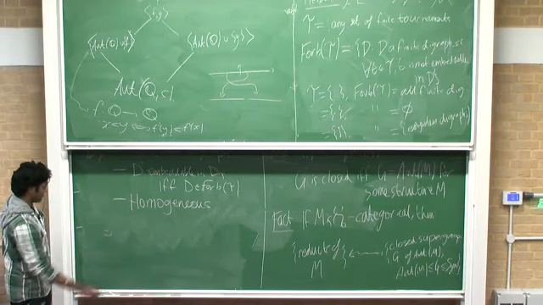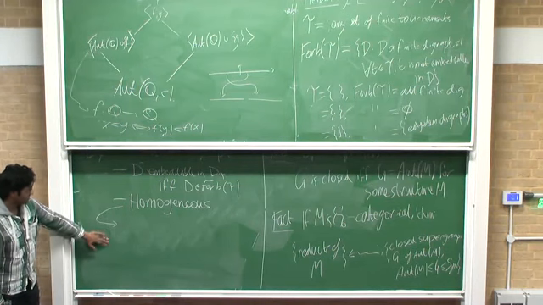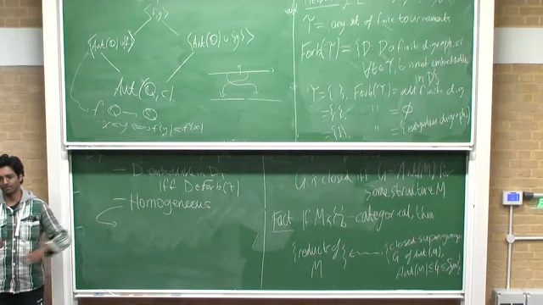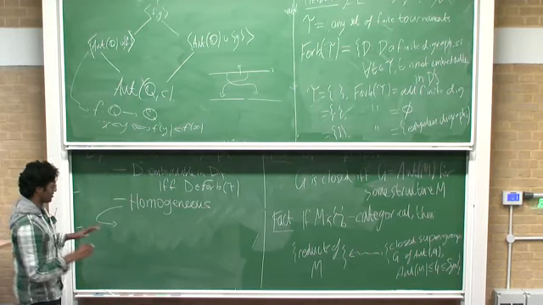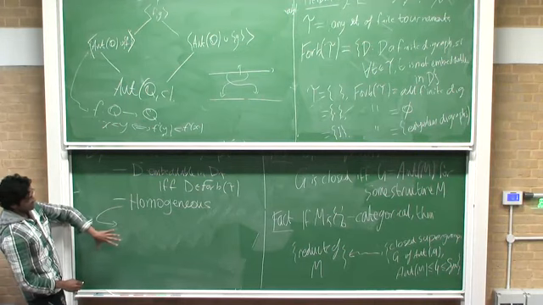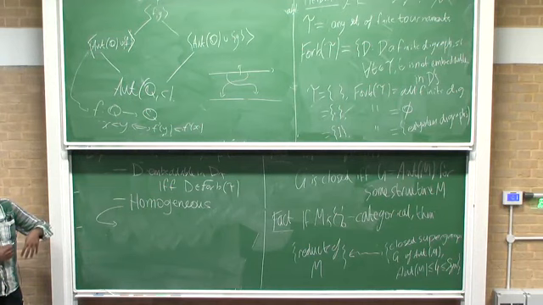What is the definition of homogeneous? Very, very roughly speaking, it says that the structure looks the same no matter where you are inside it. That's a very rough intuition. Precisely, it means that any partial isomorphism from finite subsets can be extended to an automorphism.